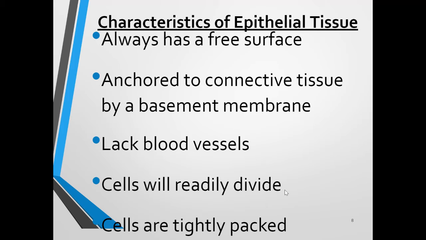Another characteristic of epithelial cells is that the cells will readily divide. High rate of regeneration, which is wonderful because they are on the outside surface. And when we have all of the cells that make up epithelial tissue together, we can see that they're very tightly packed. There's very little of that extracellular matrix that I've talked about.